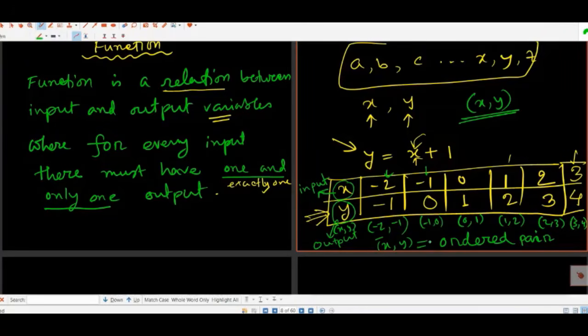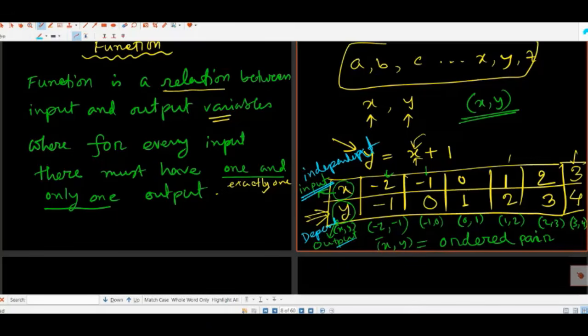So you can see that we have the relation between X and Y, between input and output variables. Mathematically, input variables are called independent variable and output variables are called dependent variable. So easily we can understand that X is the input and Y is the output, X is the independent variable, and Y is the dependent variable.